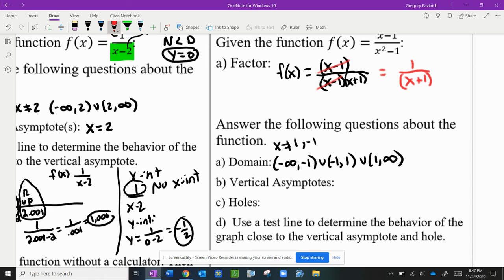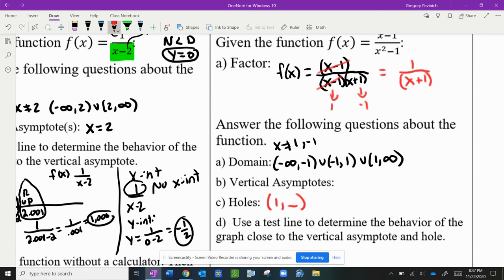So I know the pointed discontinuity at 1, because this was the 1 and this is x can't equal negative 1. I have a hole there. So 1 comma something, and we'll come back and fill in that something in a minute.